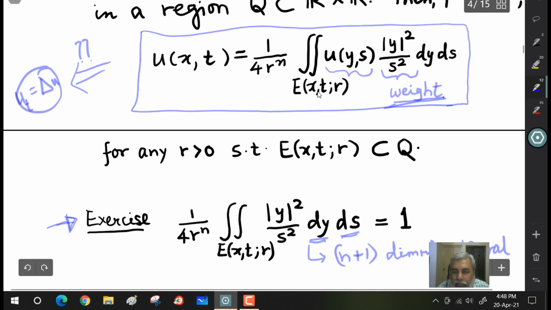Or the right-hand side indicates the average of u over E with some weight.